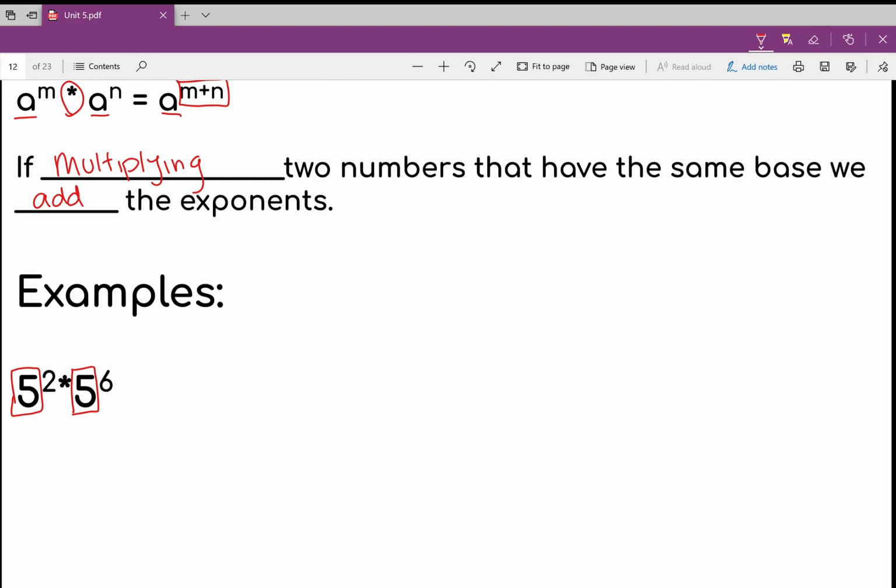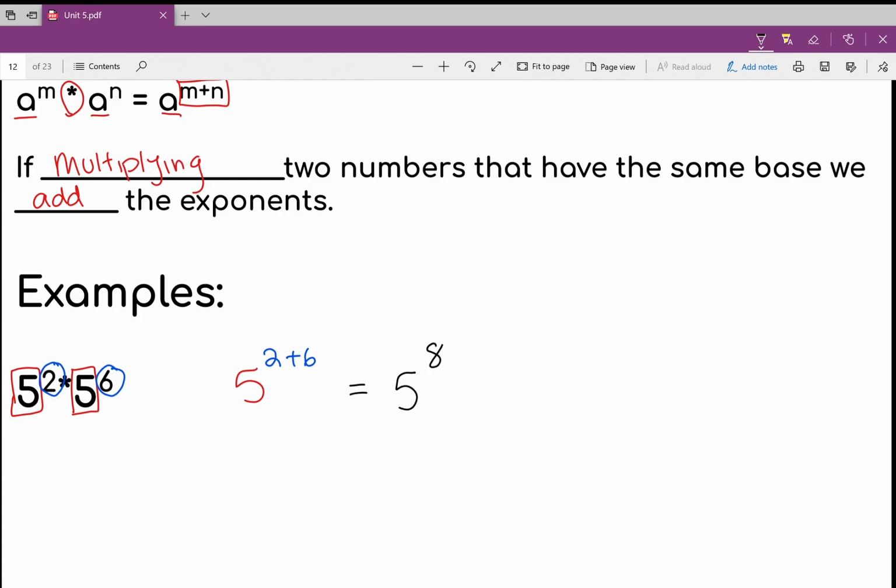Since our base is 5, we're going to write 5. And then we need to add our exponents. So we have an exponent of 2 and an exponent of 6. So we write 2 plus 6, and we simplify. So this is equal to 5 to the 8 power.